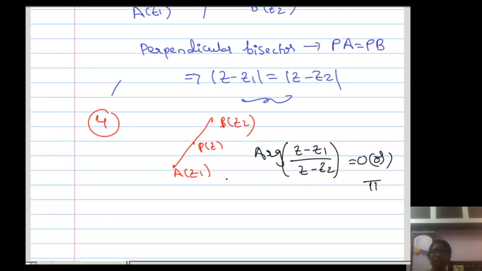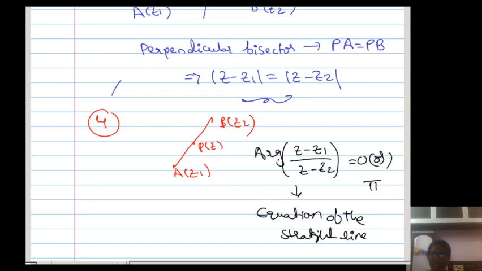So it represents the equation of the straight line joining the points A and B, meaning z1 and z2.